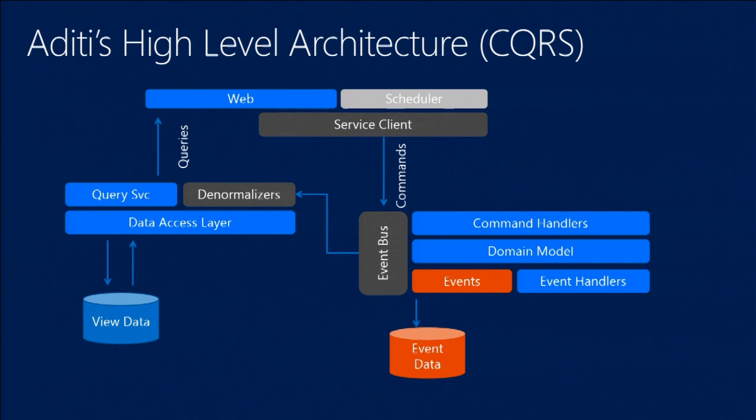And then that event gets popped back out to our event bus where we have denormalizers that will actually write the data that we want into a separate view storage, and then that will be returned to the customer back up through a query interface, a very light query service on top of it. If it's table storage, or if it's a JSON file that we're serving, we'll actually serve it basically directly straight from storage. And it turns out this right here is going to give you extreme scale on your website.